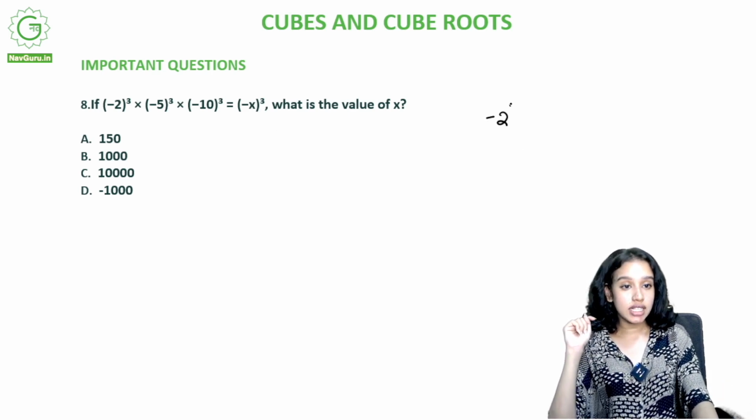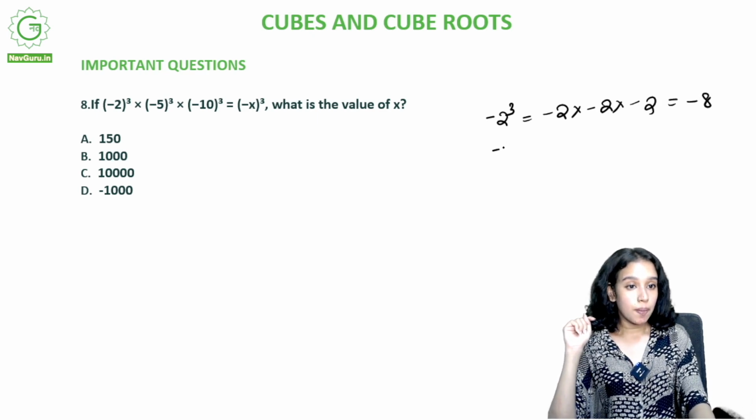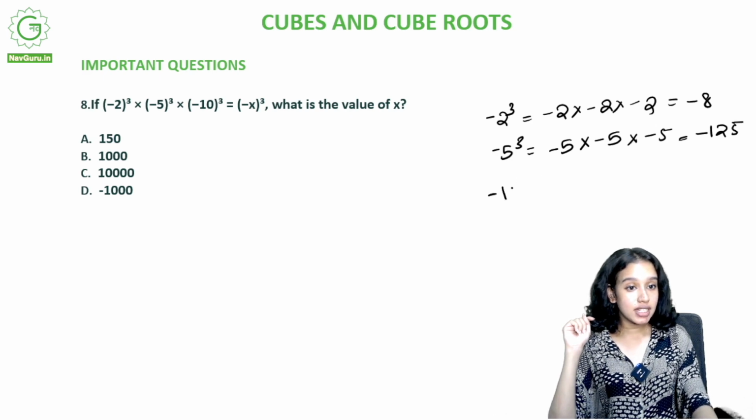Minus 2 raised to 3 gives us minus 2 into minus 2 into minus 2, which is minus 8. Now, minus 5 cube gives us minus 5 into minus 5 into minus 5, that is minus 125. Now, minus 10 cube is minus 10 into minus 10 into minus 10, which is minus 1,000.